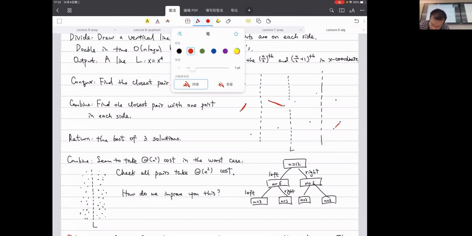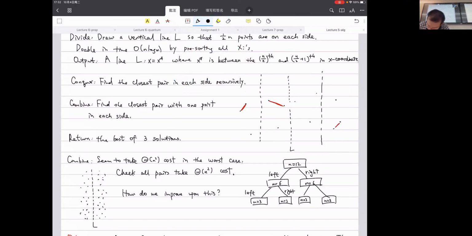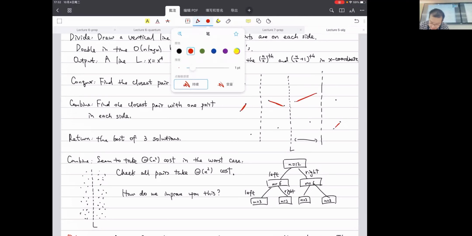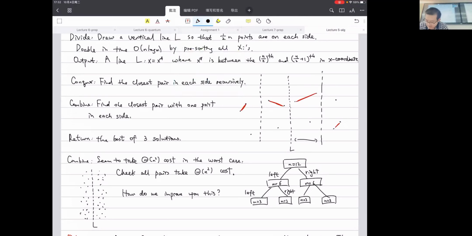Here this part is the left-left and this is the left-right, and this is the right-right. For this right-left part, we can just take a look. They have a long distance between each other, but I guess maybe this one is shorter.